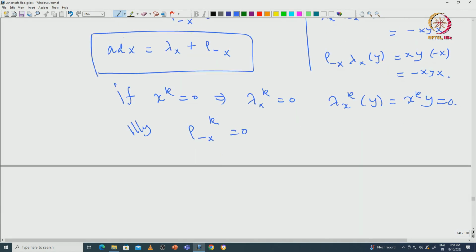So you wrote ad x as a sum of two nilpotent operators, and they also commute. That would imply ad x is nilpotent. This goes back to the exercise we did. So this proves that given any nilpotent element, the corresponding ad x must be nilpotent.